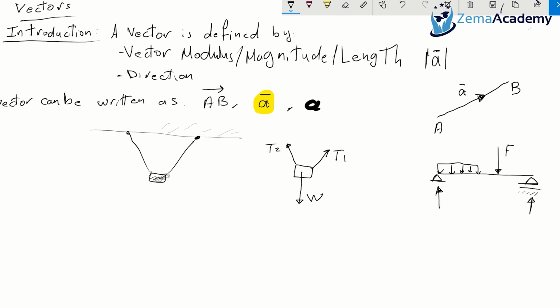So vectors are everywhere in engineering: forces, velocities, accelerations.